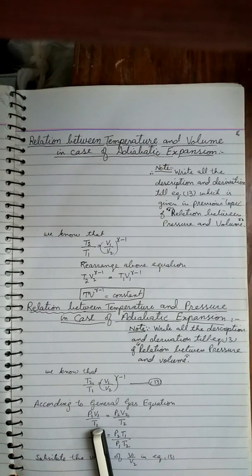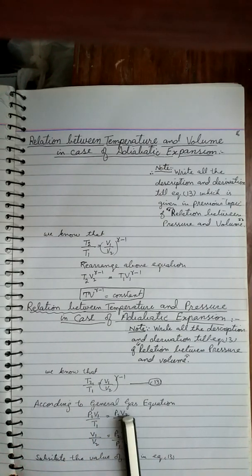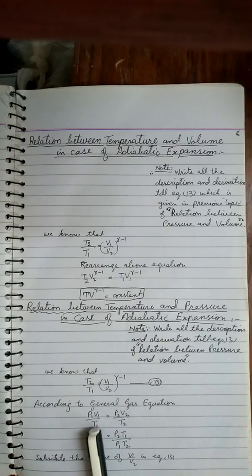P1 V1 by T1 is equal to P2 V2 by T2, or we can write in this form V1 by V2 is equal to P2 T1 divided by P1 T2.